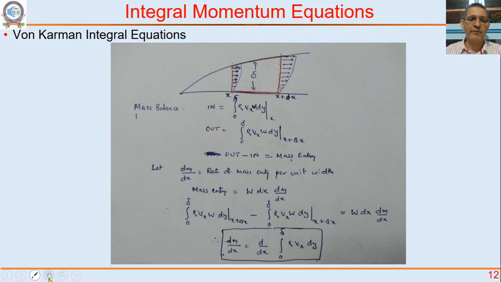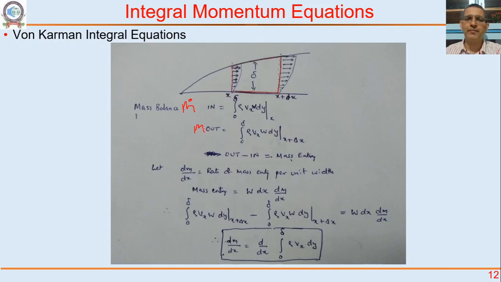So this is the rate at which mass comes in, the mass flow rate in, m dot. This is the mass flow rate out.